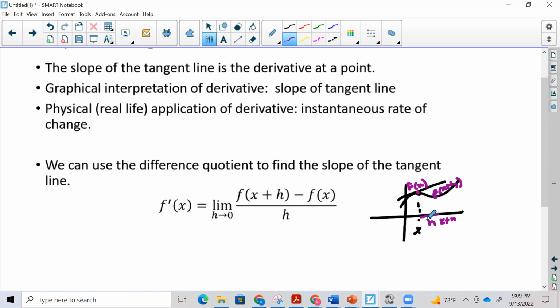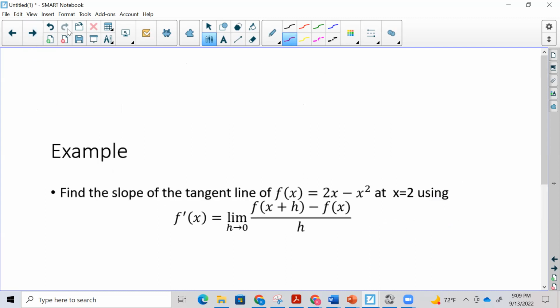So we let the distance between them go to 0, which is using the concept of limit. We're going to use this definition to help us find the slope of the tangent line.